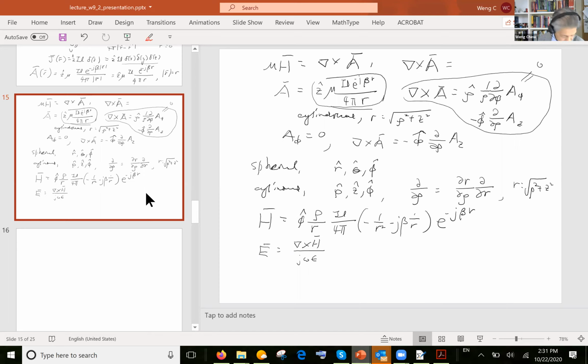Okay, the electric field is given by that. And then again, you need to learn how to write this in spherical coordinate system, because everything is better done in spherical coordinate system now.